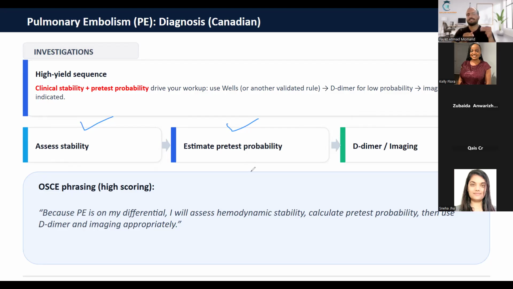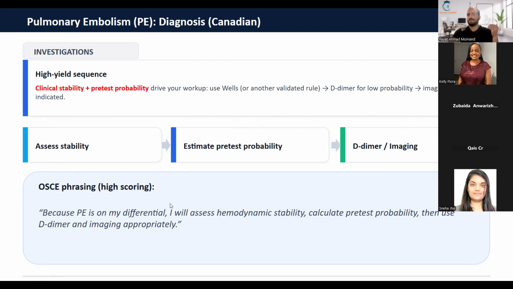This means patient has 3 points. Does the patient have a high risk to have a pulmonary embolism, like travel, they have a DVT or history of DVT? Then you add 1.5 more. 4 or higher than that means that patient is very likely to have a pulmonary embolism. You go straight for CT pulmonary angiogram. If patient's score is less than 4, in that case, we do D-dimer. All right.